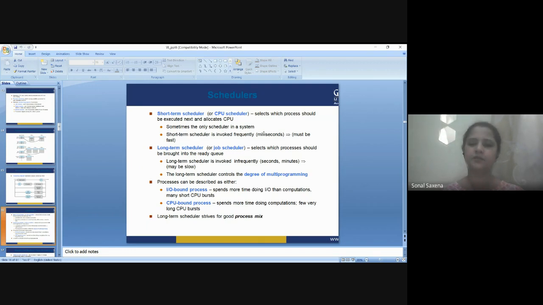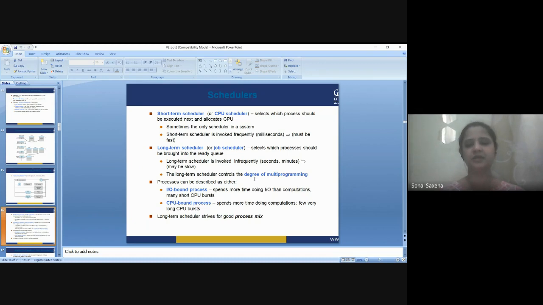The second category of scheduler is the long-term scheduler, which is also known as the job scheduler. It selects which process should be brought into the ready queue. The long-term scheduler is invoked infrequently. It is very slow in nature, and it is called once in a second or once in a minute. The long-term scheduler controls the degree of multiprogramming.